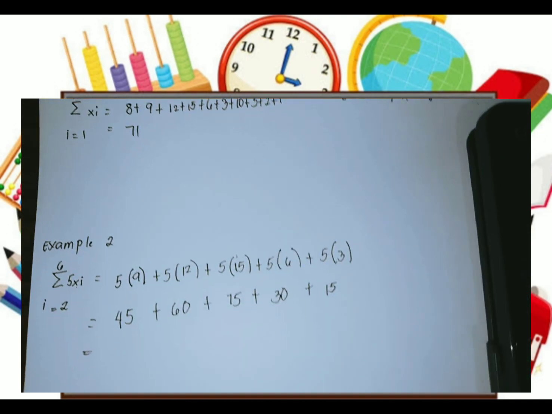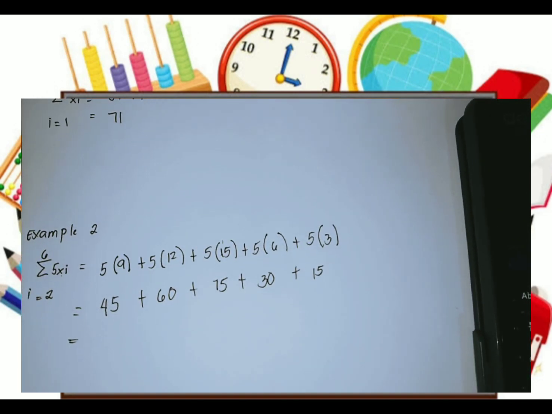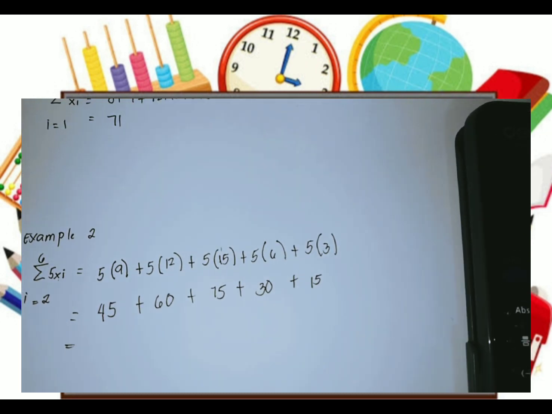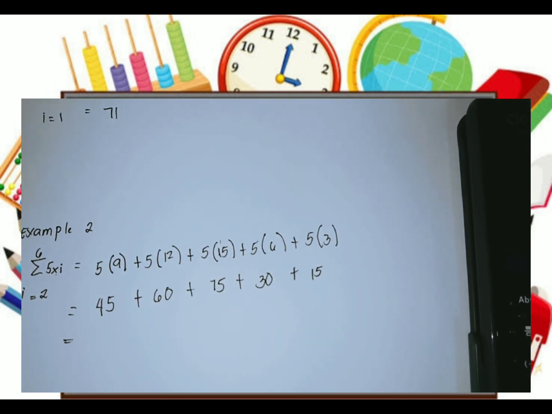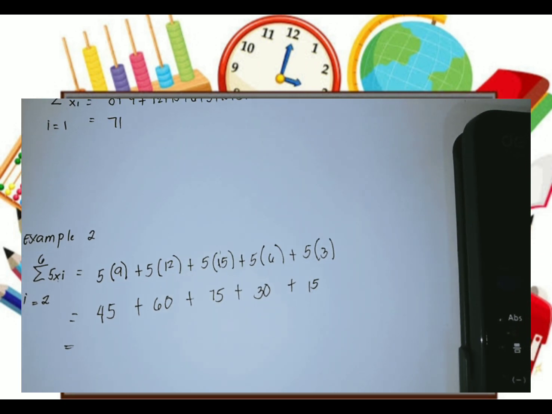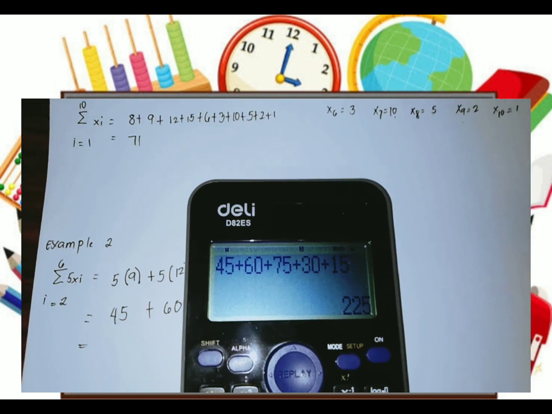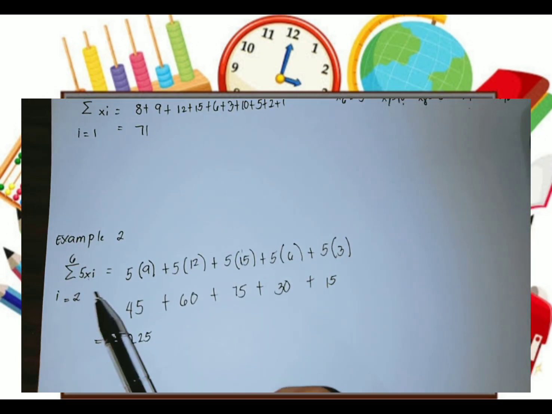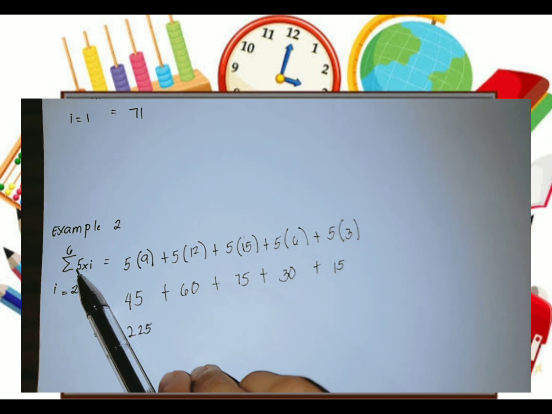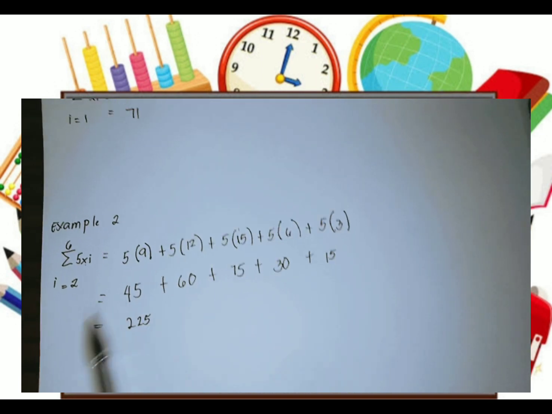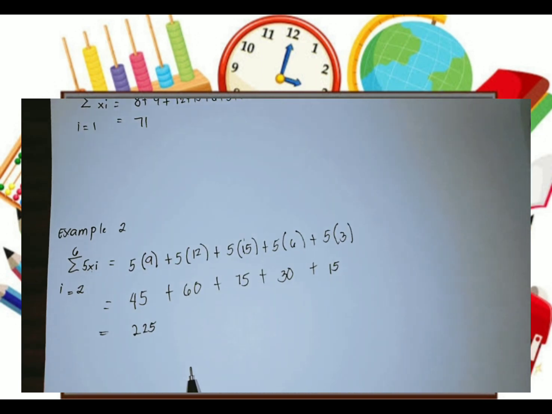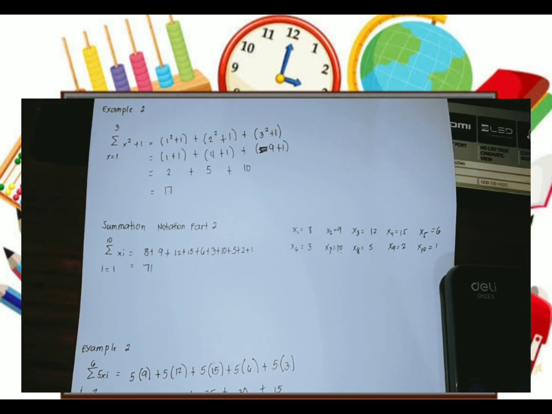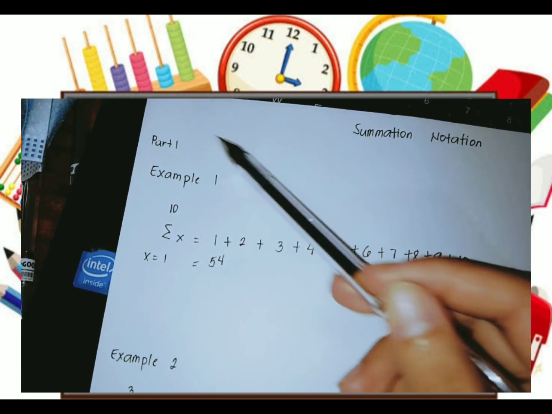Okay? So 45 plus 60 plus 75 plus 30 plus 15 is equal to 225. So the summation notation of 2 to 6 is equal to 225. So now this is the way on how to solve the summation notation part 1 and part 2.